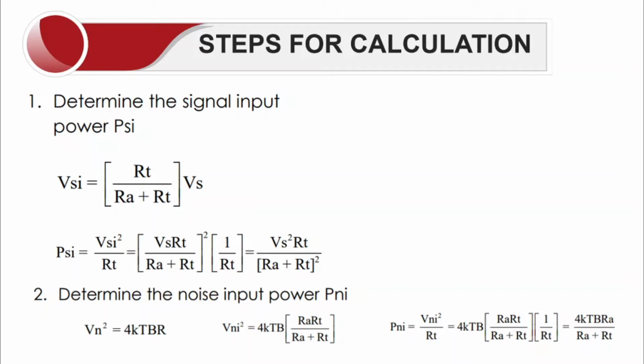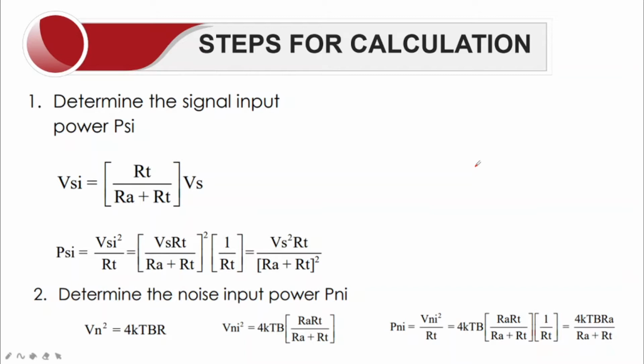Ngayon, etong noise factor in terms of noise resistance, medyo mahaba talaga siyang i-solve. Actually, merong 7 steps para ma-solve siya. And ngayon, itatry natin na gawin tong medyo madaling tandaan para sa lahat. So, una, the first step is to determine the PSI or the signal input power.